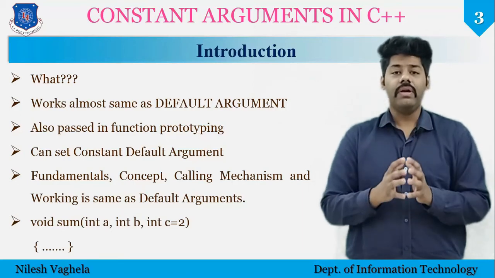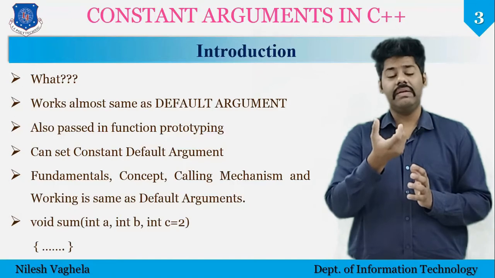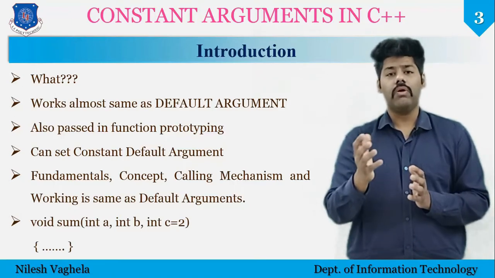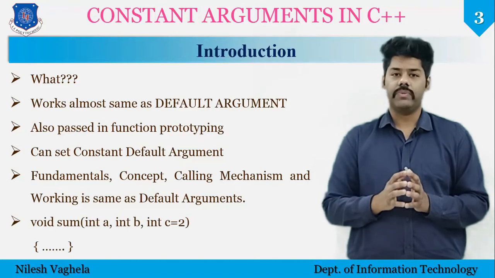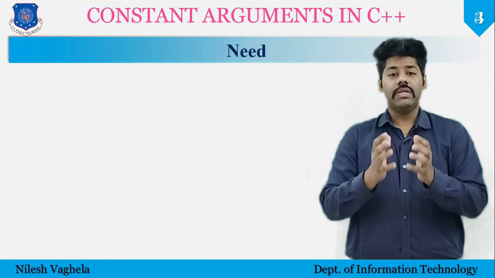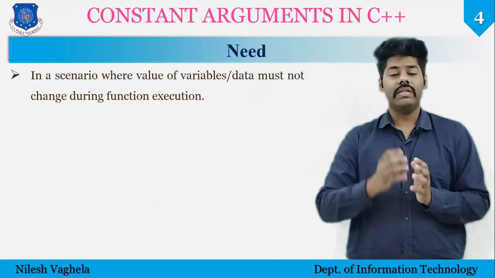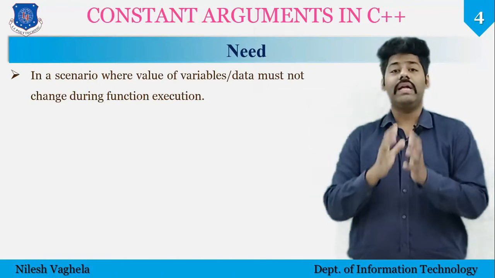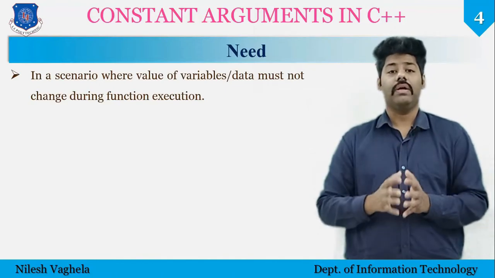When we did default arguments, we assigned a default value to one or many arguments in C++ function prototyping. Sometimes, once the user has given the value or the default value has been taken within that function block, that value should not be changed during runtime.